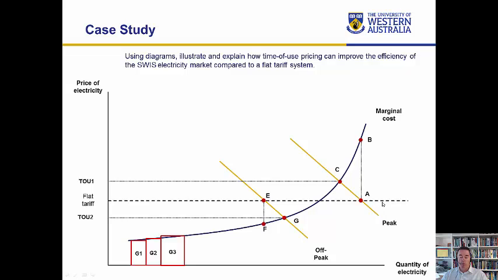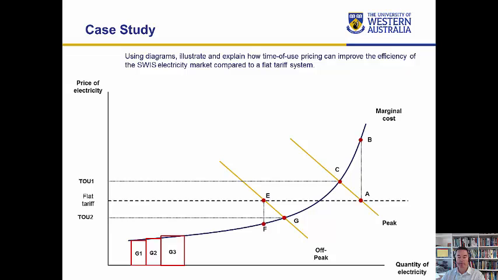Okay, so one benefit associated with time of use pricing is the following. If everyone in Western Australia went to time of use pricing, they would be subject to TOU1 during peak periods. That slightly higher price of TOU1 would reduce quantity demanded from A back to point C, and presumably we would have some people just cutting back their electricity, being a little more careful, not leaving lights on, and so on.